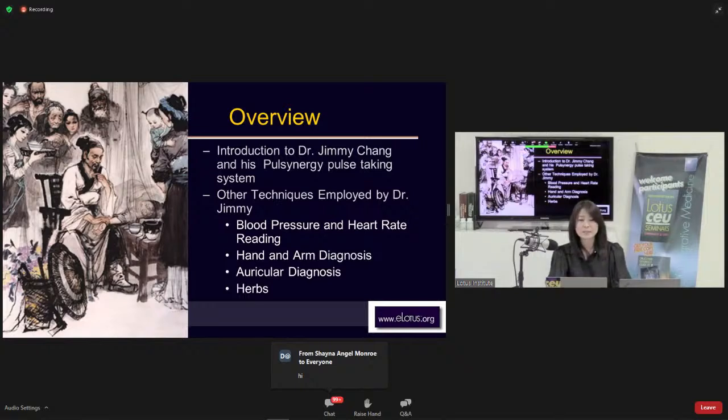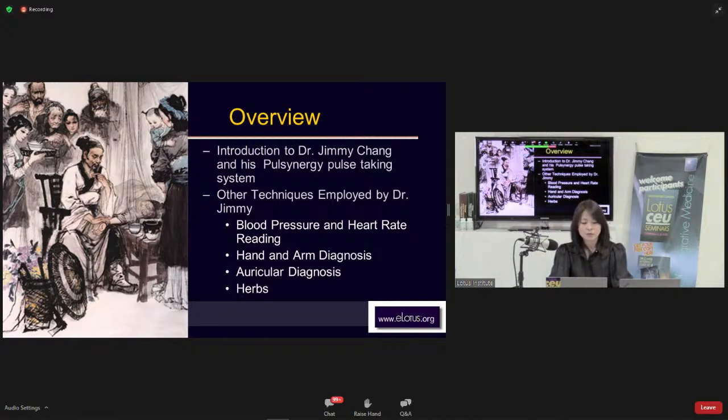I'll go over the basics of how to take a pulse, and compare his method and the traditional method we learn in school. And then after that, I will go over, a little bit only, how to summarize all of his pulses and break it down into simple ideas and a framework that you can remember easily, because it's very overwhelming if you first study it. There are so many pulses and so many minute details that it can be very confusing.